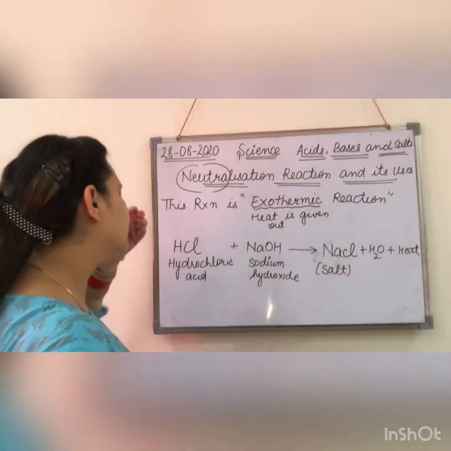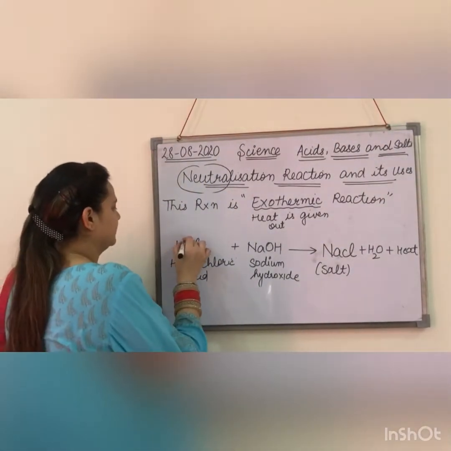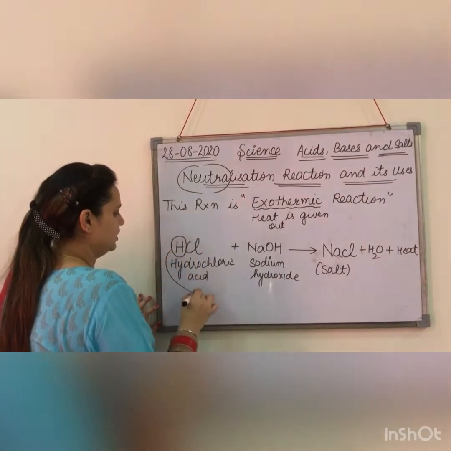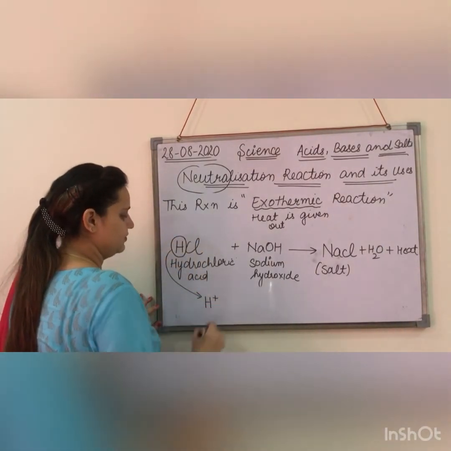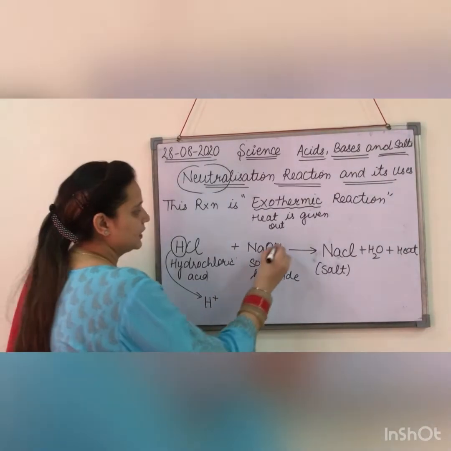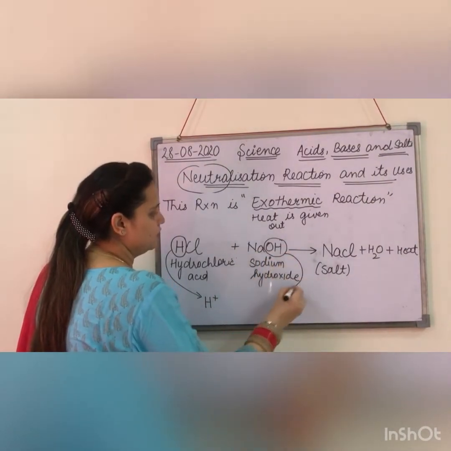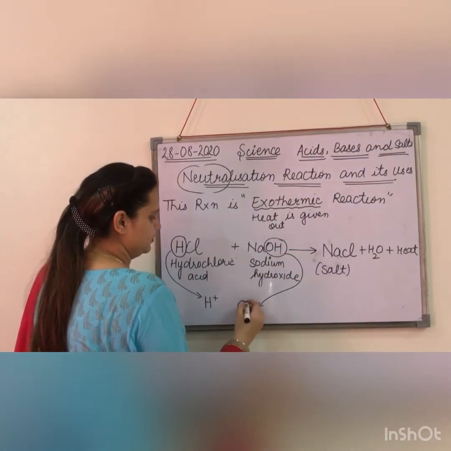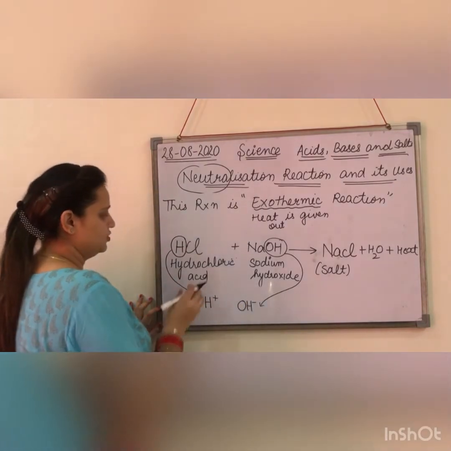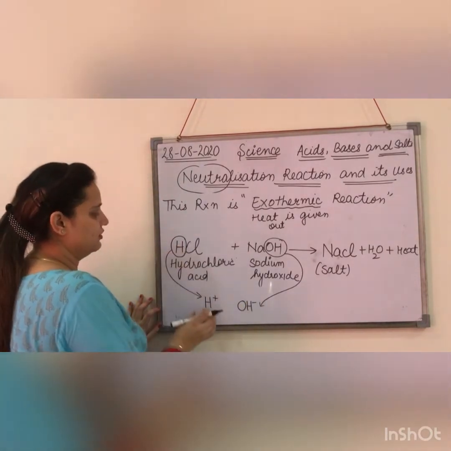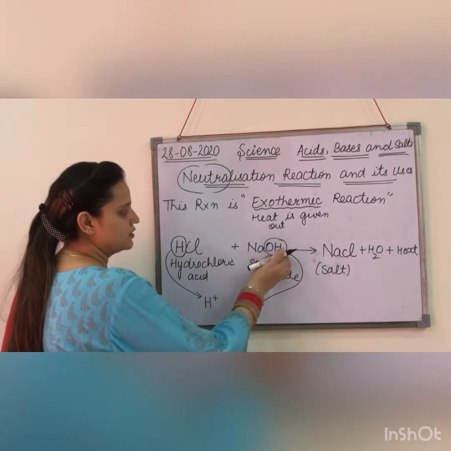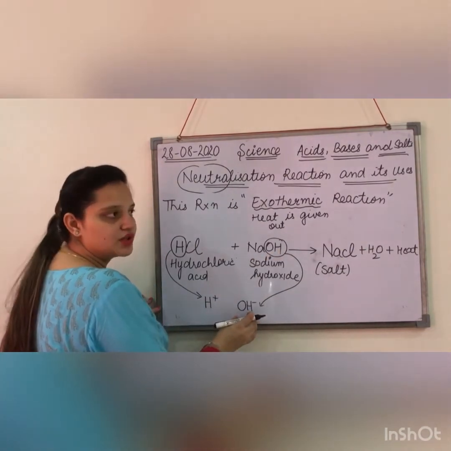So what is happening basically? Acids give H positive ions. Bases give OH negative ions. So this is an acid, it gives us H positive ion. This is a base, it gives us OH negative ion.